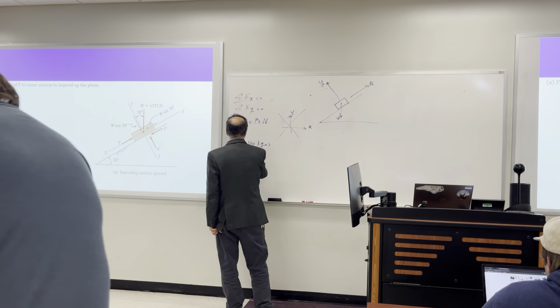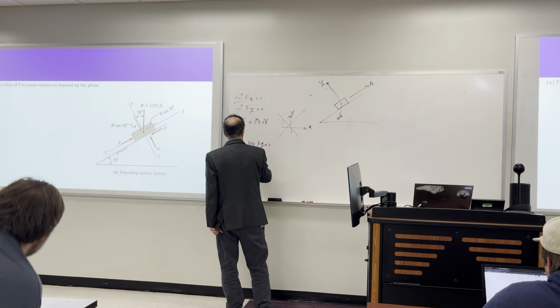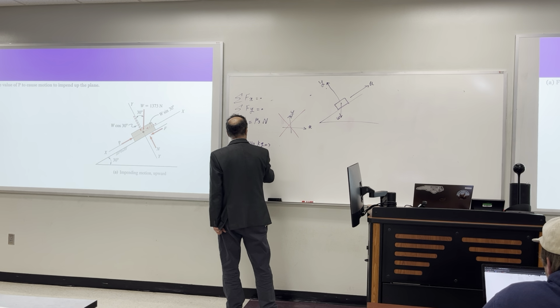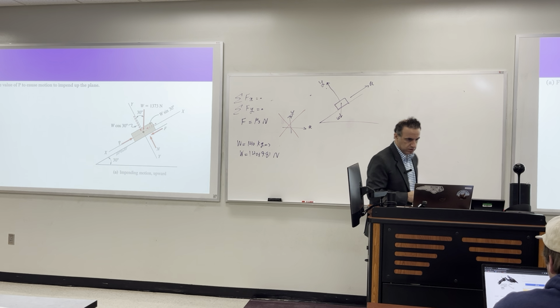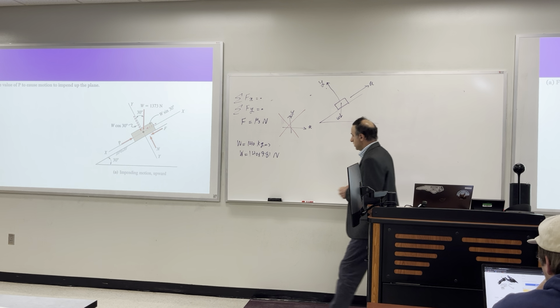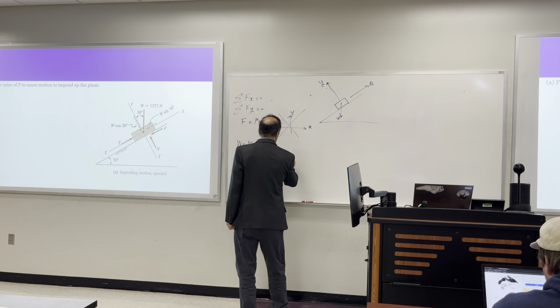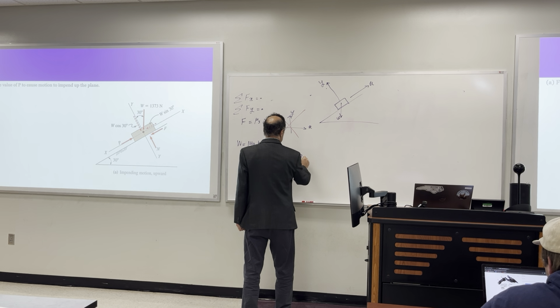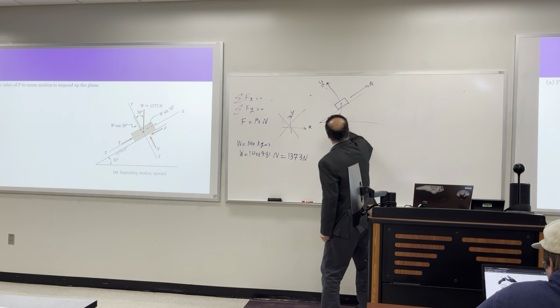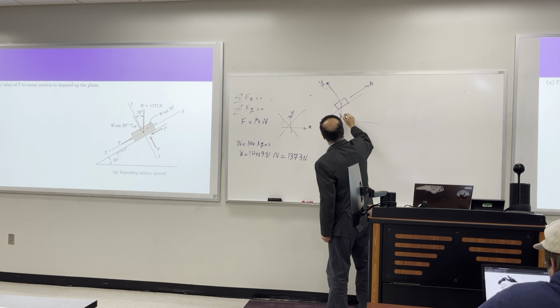So my 140 times 9.81, it is 1373. Okay, I can write it here. 1373.